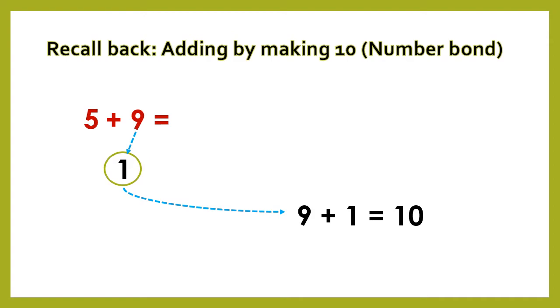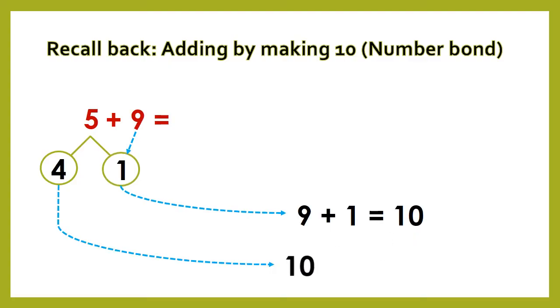Then we fill in the number bond. 4 and 1 will make 5. Here we have 10 plus 4, which is equal to 14. It's the same as 5 plus 9, which is also equal to 14.